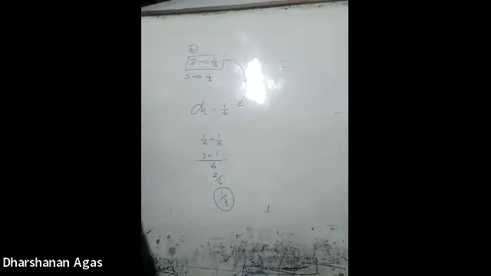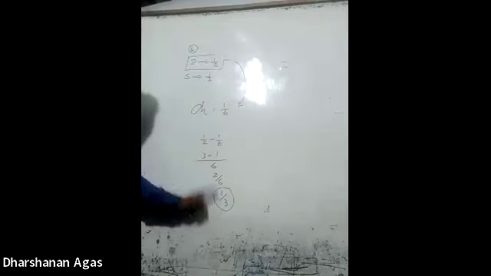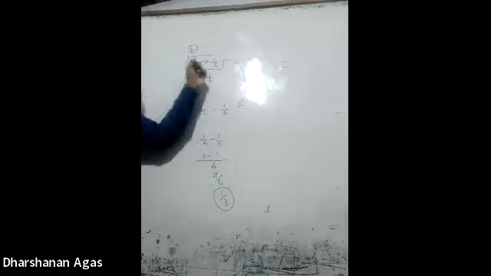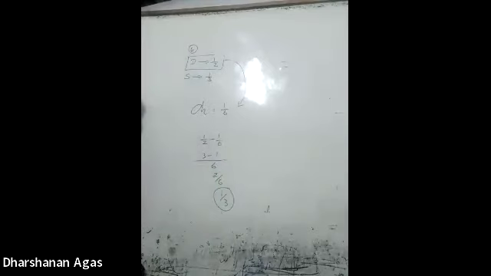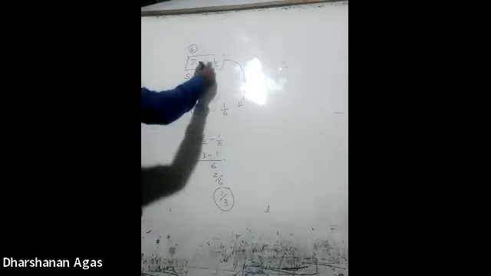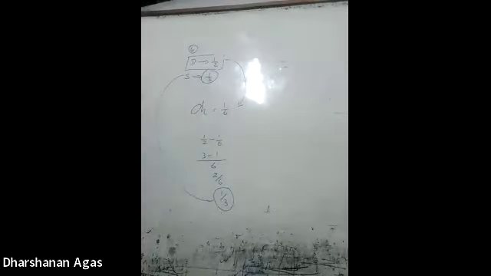Now what are they saying? After donating some part of her land to the charity, the daughter's remaining 1/3 should be equal to the son's share. That is the question they asked. Again, I am explaining completely, students.